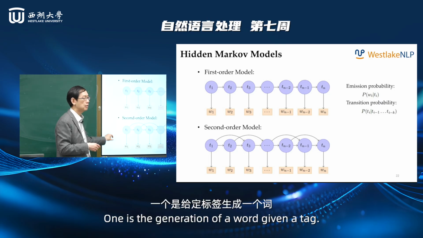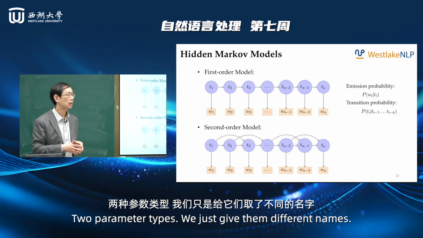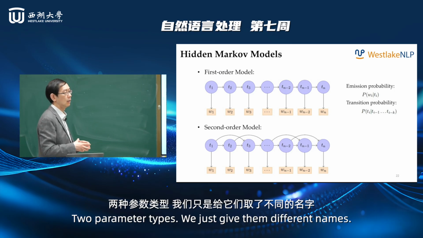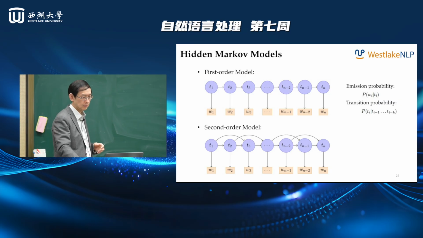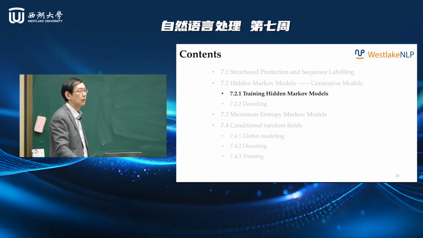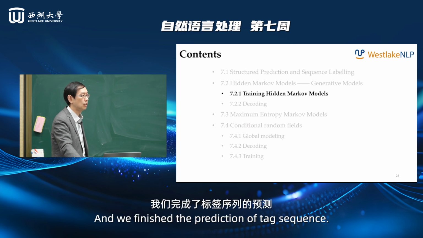One is the generation of a word given a tag, so we call that emission probabilities. Okay, two parameter types. We just give them different names. All right, so, very similar to naive Bayes. And we finished the prediction of a tag sequence.